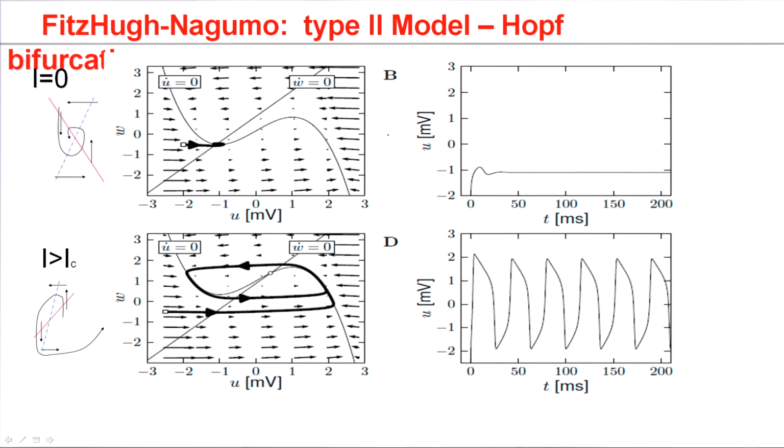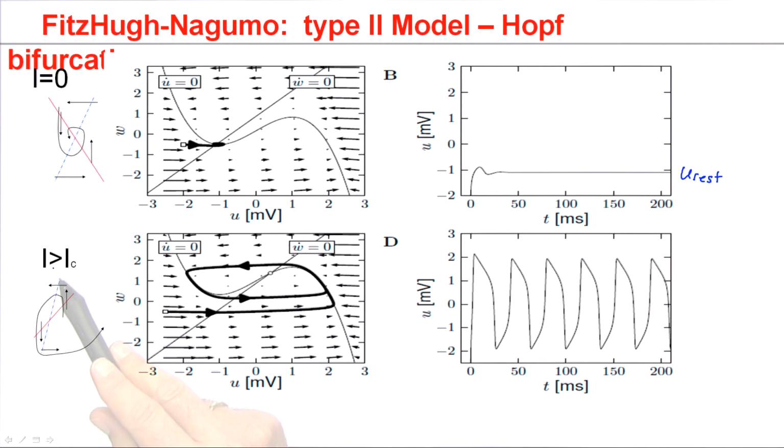So, if we apply this in our case, for no current, I have the rotational component, I see it here, a little bit of oscillation, and the system goes towards a resting state for I equals 0.